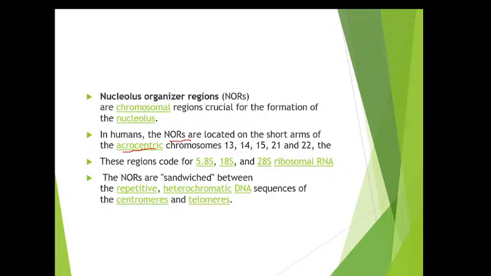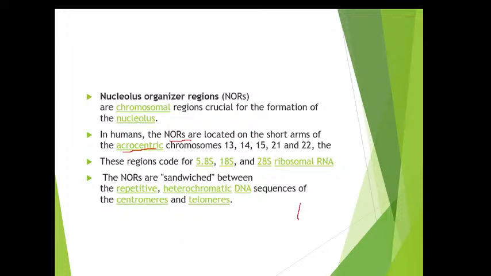And these regions code for the 5.8S rRNA, 18S rRNA, and 28S rRNA. They are found between the repetitive heterochromatic DNA sequences and the telomeres.